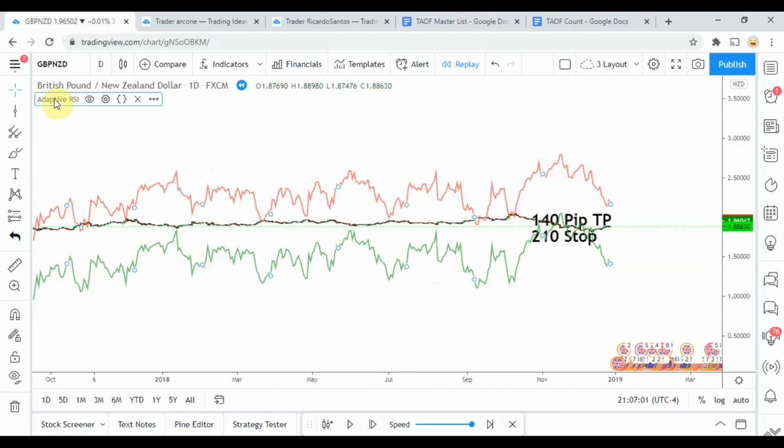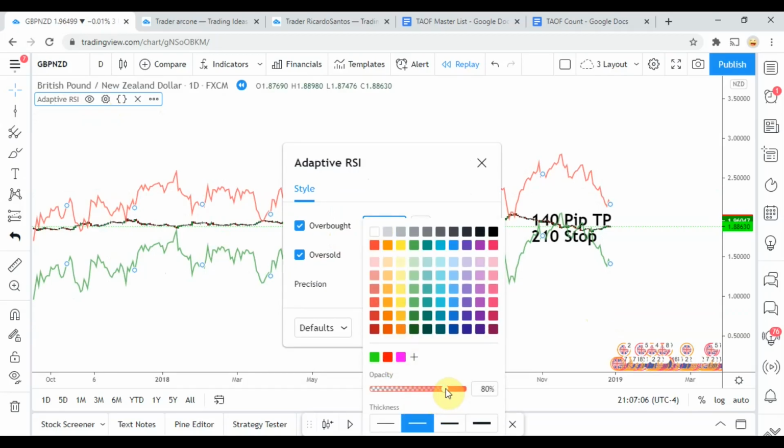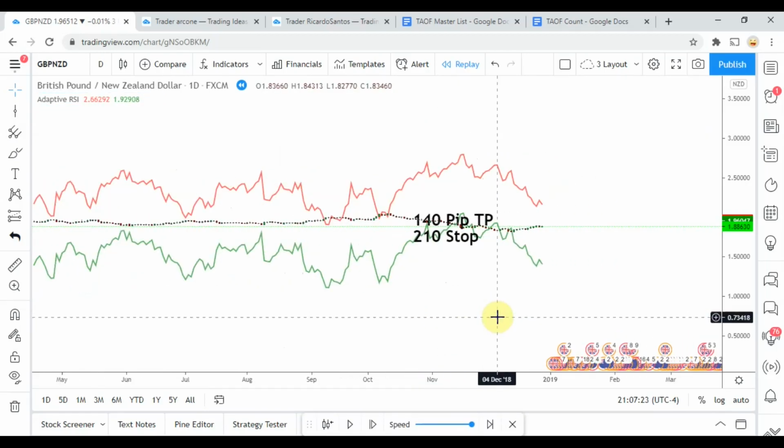And so you can see it here, and I did have to bump up the opacity of the lines as well as change the weight on the lines. I'm going to go ahead and bump them up just a tad bit more on opacity. All right, there we go.